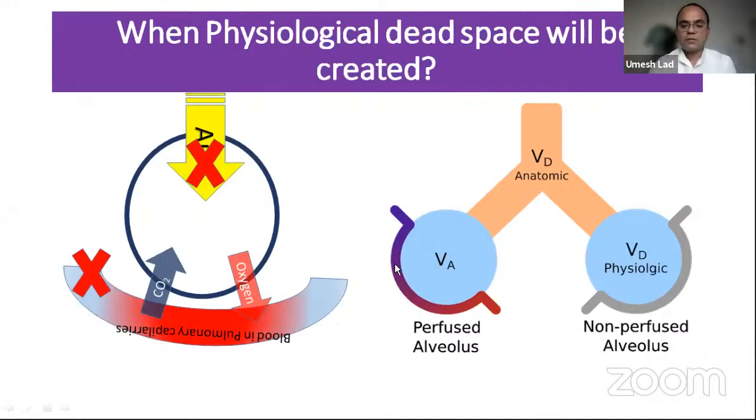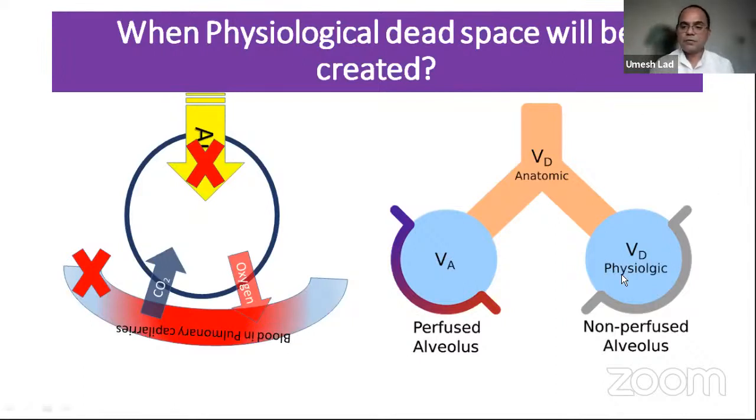Now if the alveolus is perfused, then there won't be any problem. But if this is blocked, then the air won't come here, so it won't be creating dead space, but it will be creating a compromise on the lung capacity.